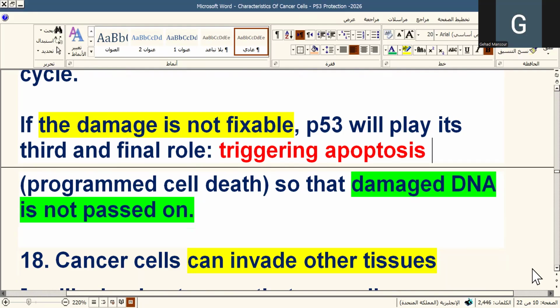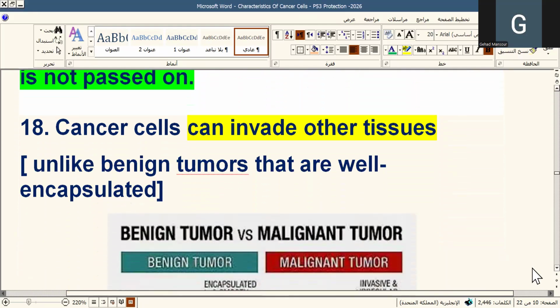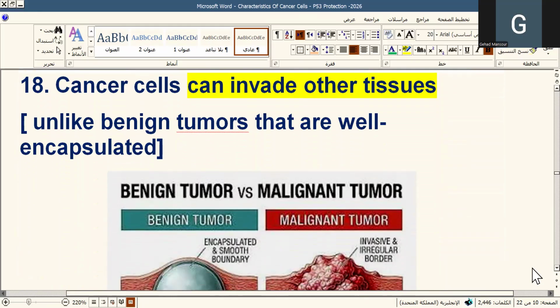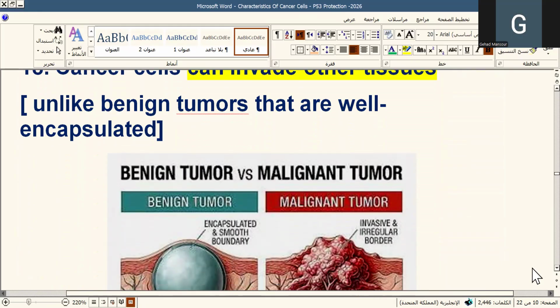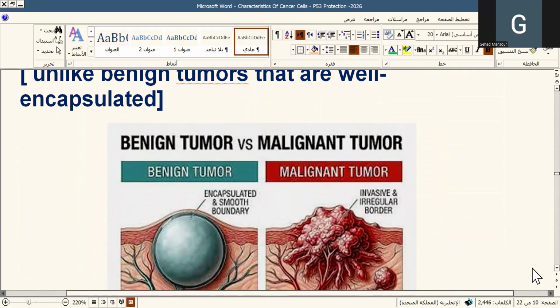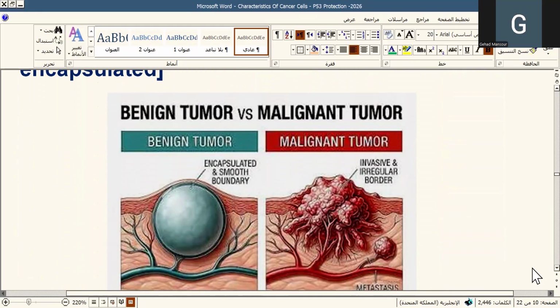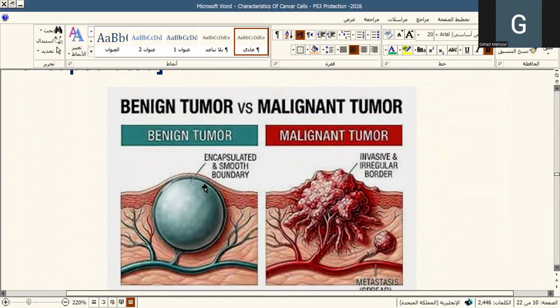Another characteristic of the cancer cells, as I said in the previous video, is that cancer cells can invade other tissues. Unlike benign tumors, which are non-malignant and well encapsulated, the presence of a smooth, well-formed capsule around a tumor or a mass of cells is a good indicator that this is most probably a benign tumor.